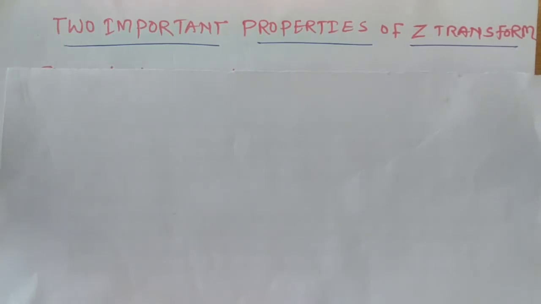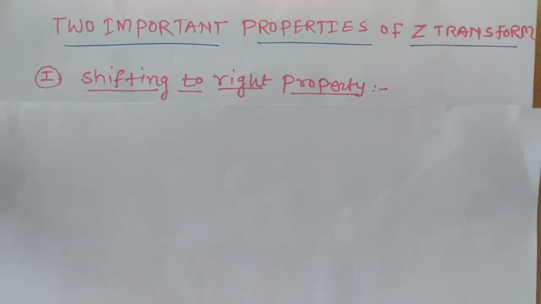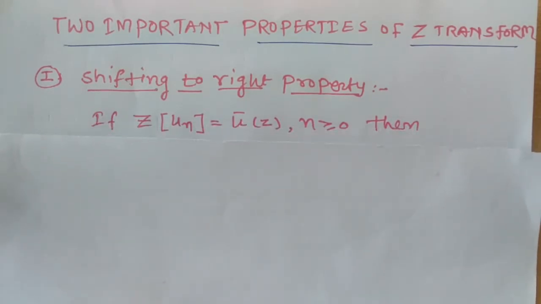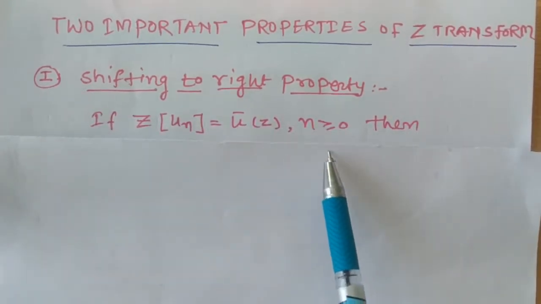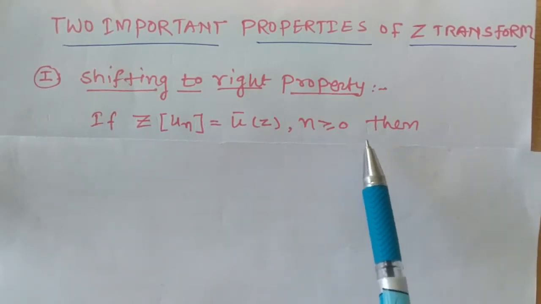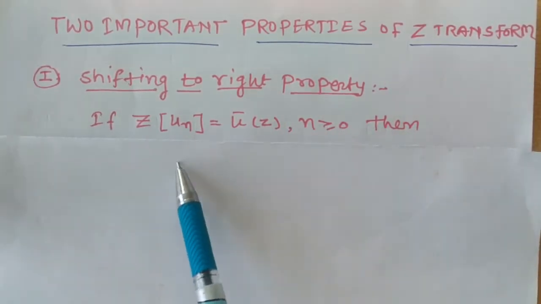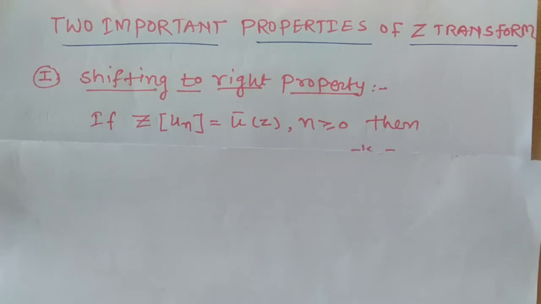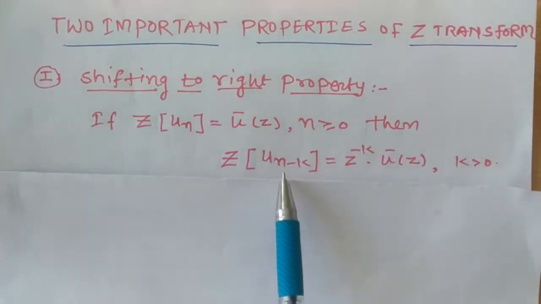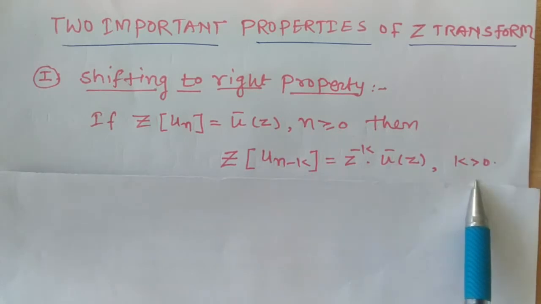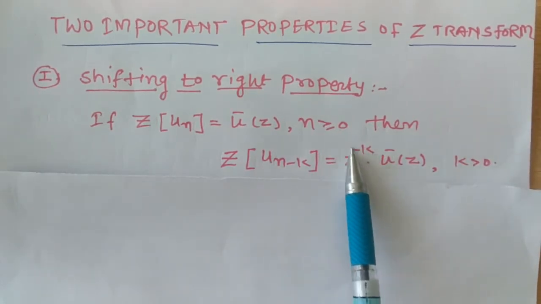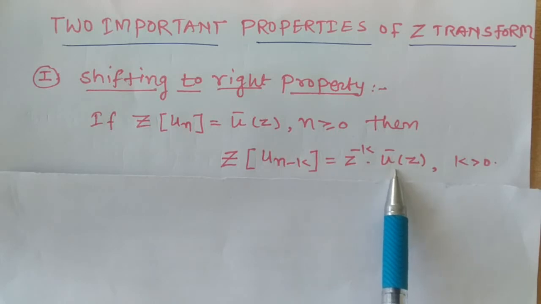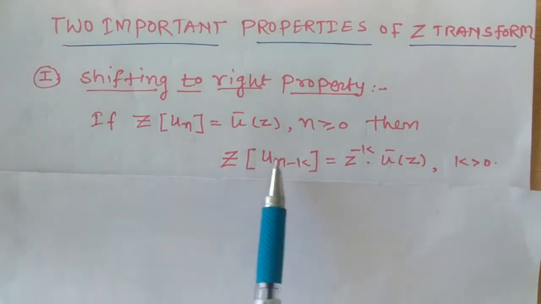The first property is called the shifting to right property, which states that if the Z transform of a sequence u_n, that is the unilateral Z transform for n greater than or equal to 0, is u bar z, then the Z transform of u_{n-k}, where k is positive, is z^{-k} into u bar z, where u bar z is the Z transform of u_n.